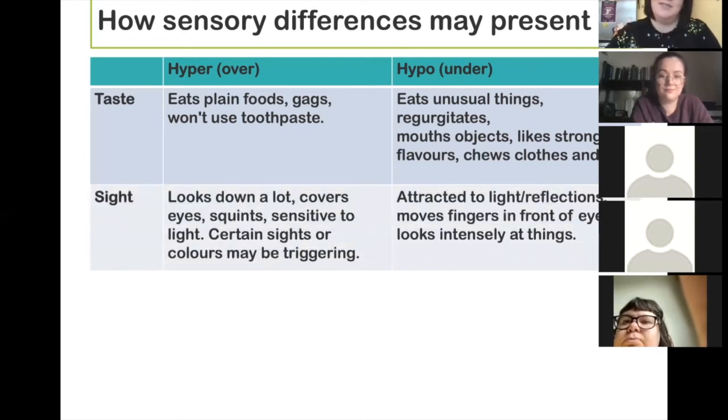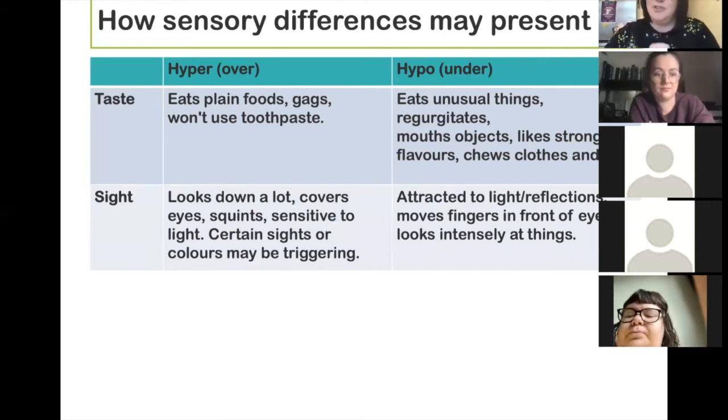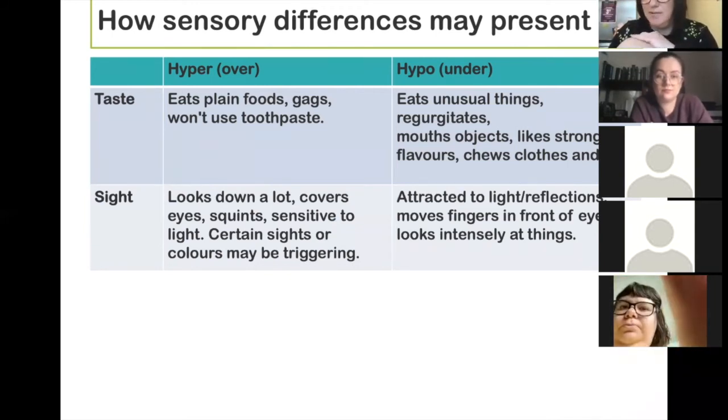For sight, for vision, if someone's oversensitive, again, they're going to be trying to avoid too much of that sort of visual input, aren't they? They're maybe going to be more likely to look down, to cover their eyes, to squint. They might be sensitive to light, and certain sights or colours might be triggering.